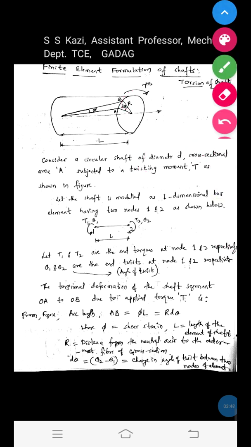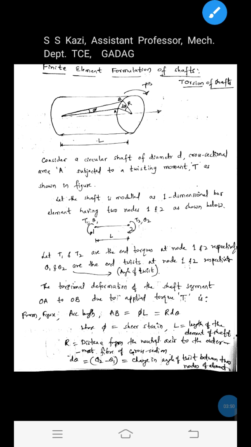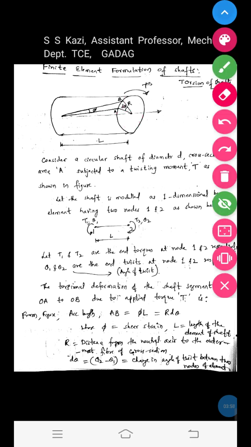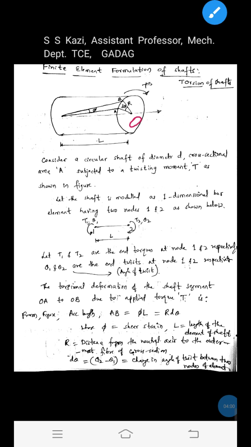Now come to the included angle due to this arc AB. Here also we have the angle of twist: initially it was OA, now it has been twisted to OB, like this, OA to OB. The included angle of twist will be, let us say, d theta.